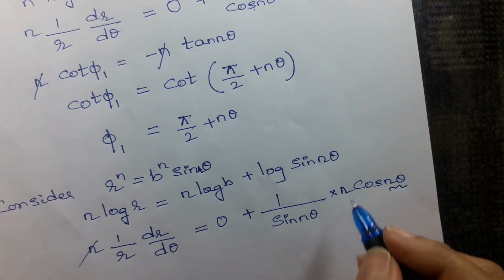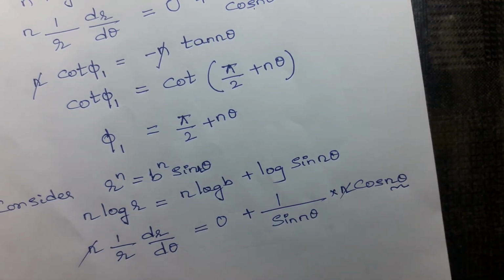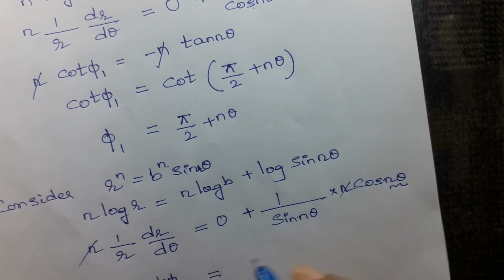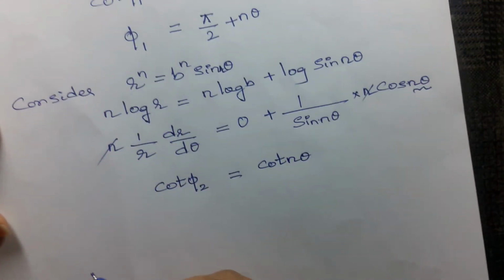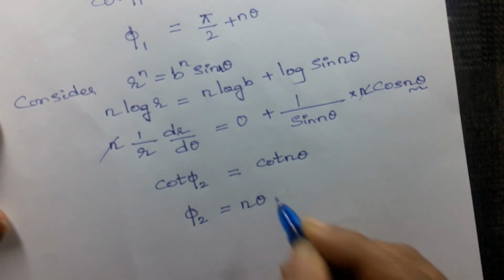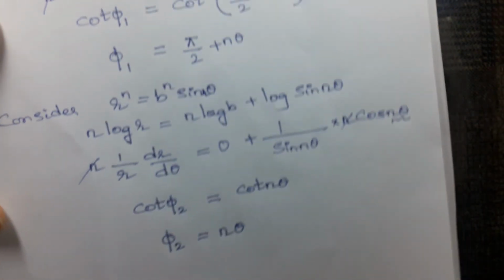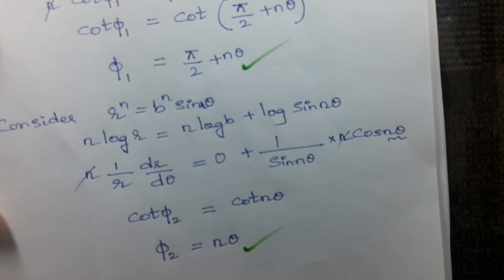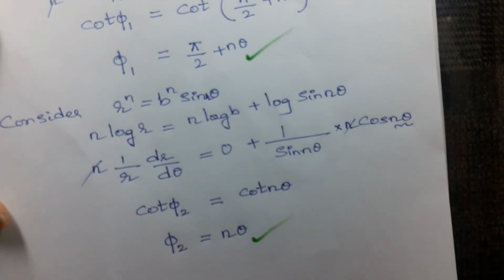I can cancel n and n, so cot phi 2 is equal to cos by sin, which is cot n theta. So what is phi 2? Phi 2 is equal to n theta. You can see here we got phi 1 and phi 2 explicitly. Both the values I got directly.